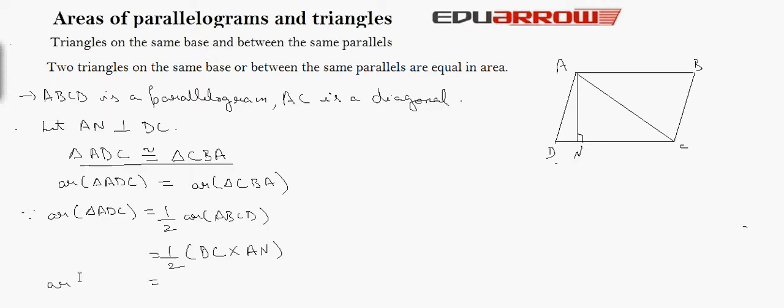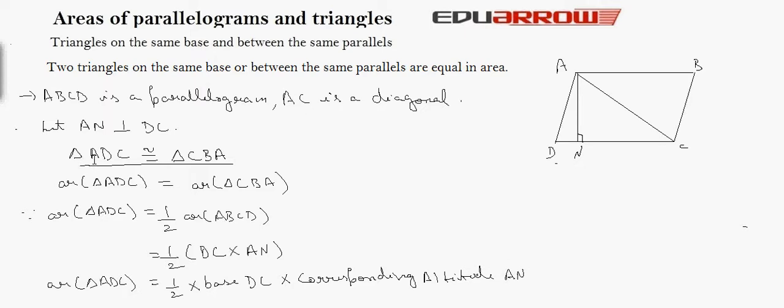area of triangle ADC is equal to half into base DC into corresponding altitude AN.